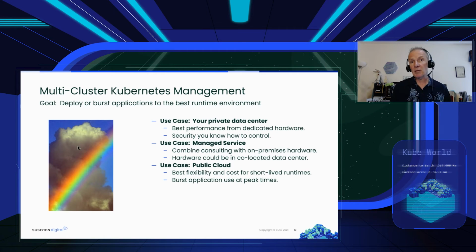That might be the public cloud because we see that as being more flexible and perhaps less expensive for the amount of time we need it, or certainly more available in certain ways to our customers. That might be a managed service, which ties some of these capabilities together and takes some of the burden off of us. These, again, are business characterizations that apply to our choices of the runtime environments that we want.